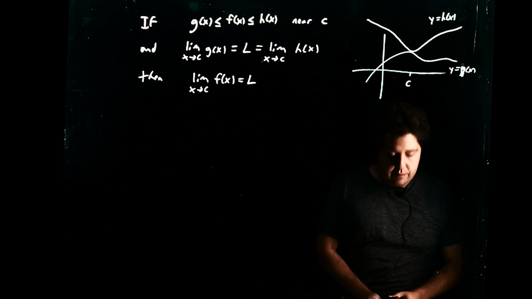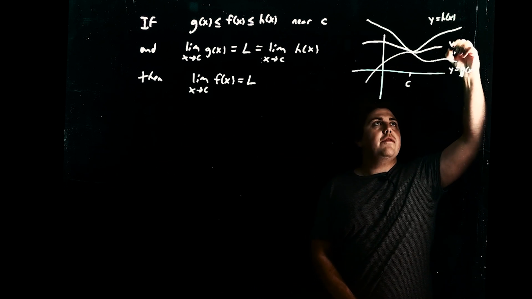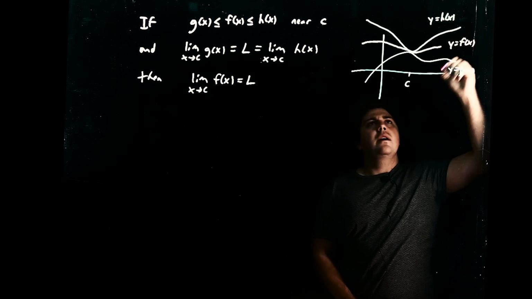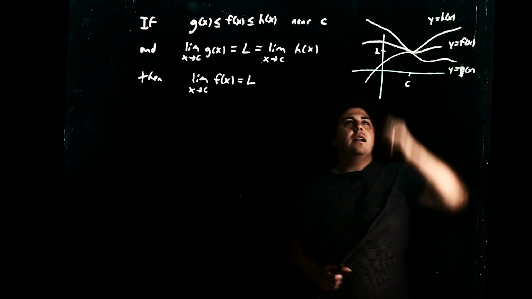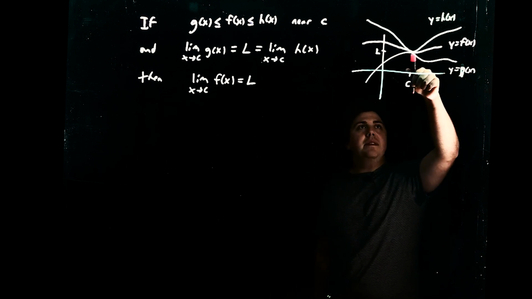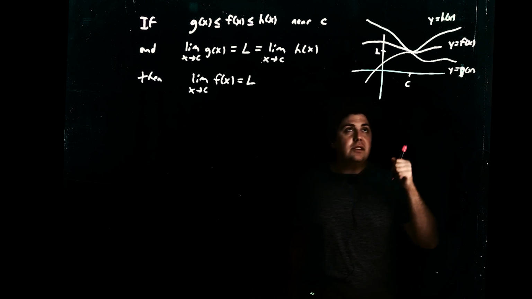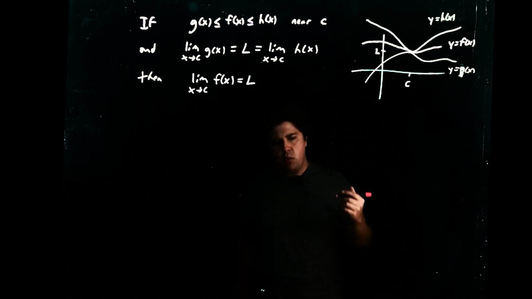And then if this guy between them is f of x, and let's say this number here is L, all we're saying is that we expect the limit of f to be the same as the limit of these two functions above and below, because it's indeed squeezed in the middle. And that's how the theorem works.